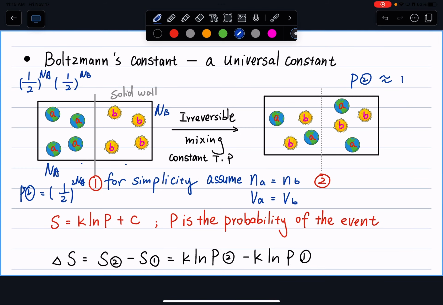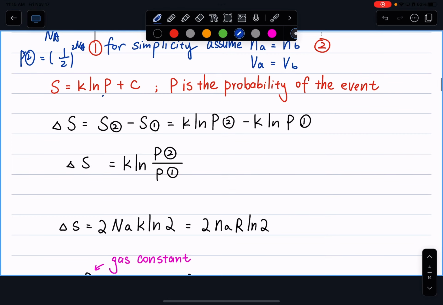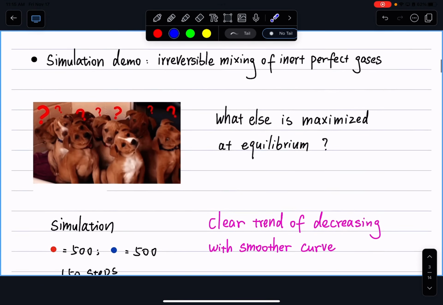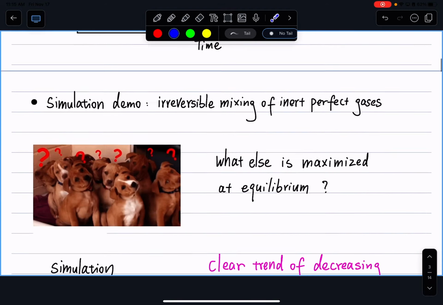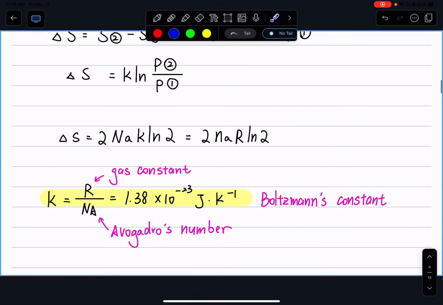And we plug that number into our probability definition of entropy, and we did our calculation to find a final result. Then we also use this equation to do the same kind of analysis, because we know the number of moles and the mole fraction. We can do the same kind of analysis and compare those two together.